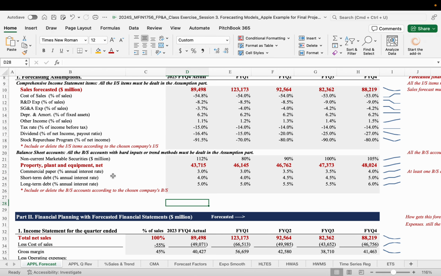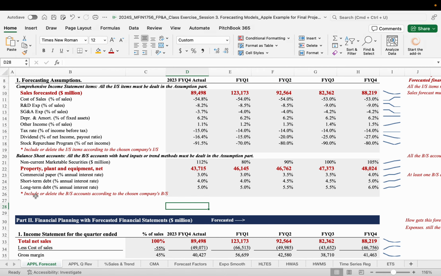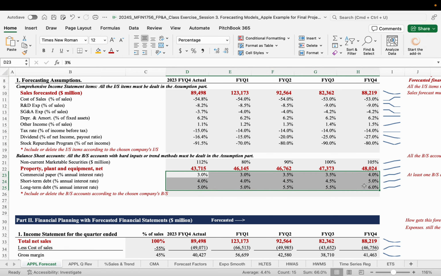And other variables in the forecast assumptions, for example, the commercial paper or short-term debt or long-term debt, you also have some assumptions, right?